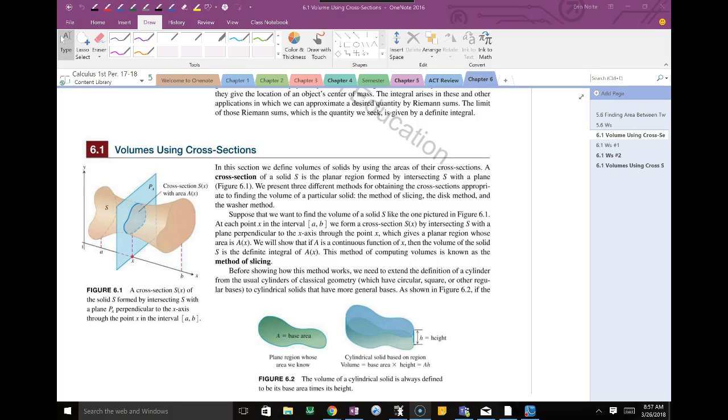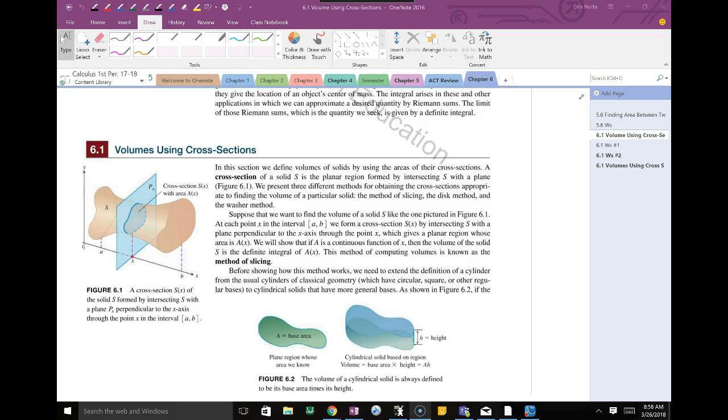Here is my first example before I go in and do an example with you using the calculus. Let's pretend that this is my base area. Let's say I have a top function, maybe y equals 2, and this bottom piece might be some kind of parabola, which makes this shape.